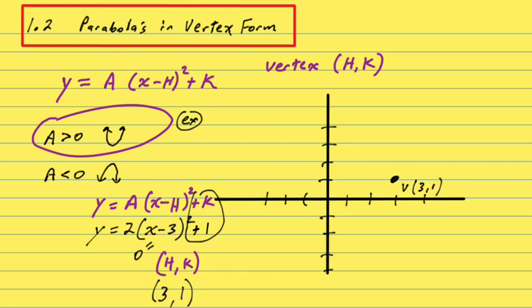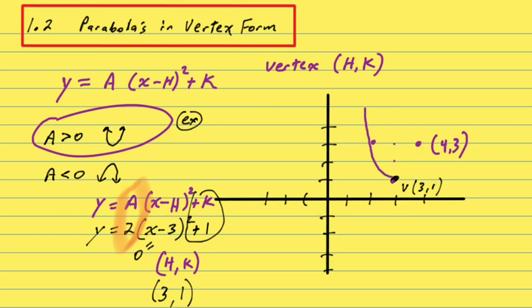If you want to take that little quick shortcut I showed you, a is 2. That means I would go up 2 and over 1. Which I think, if I went up 2 over 1, would change the x value by 1 and the y value by 2, I think.